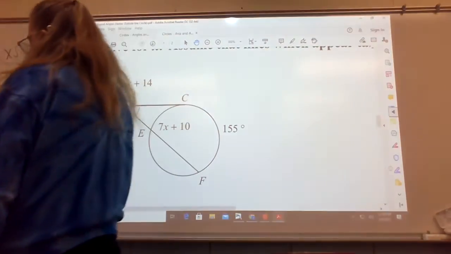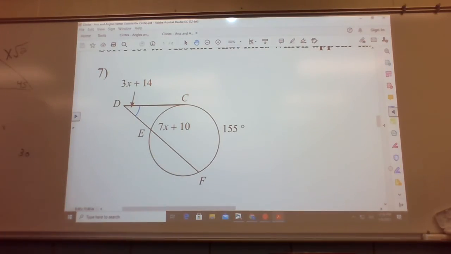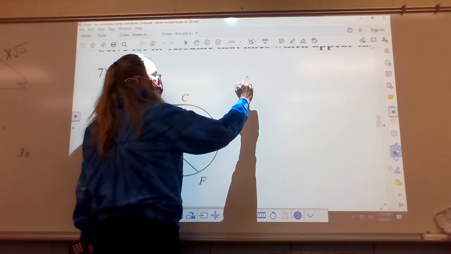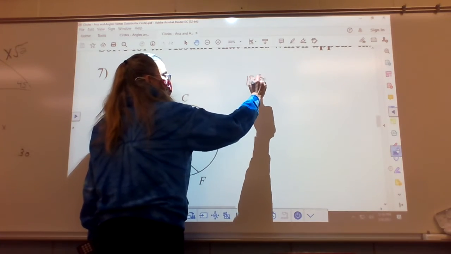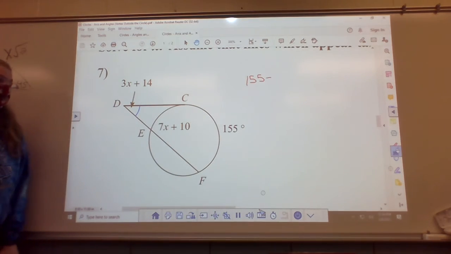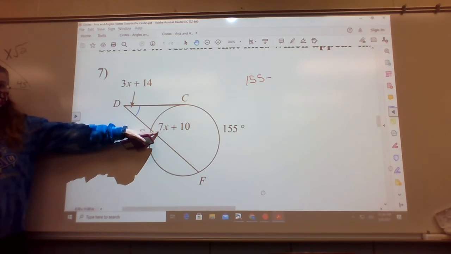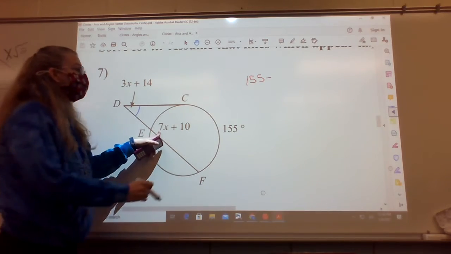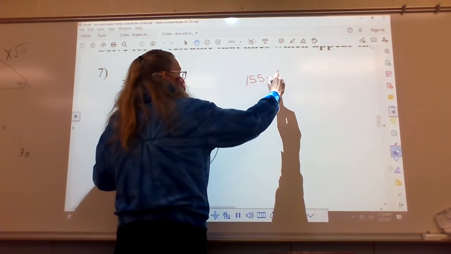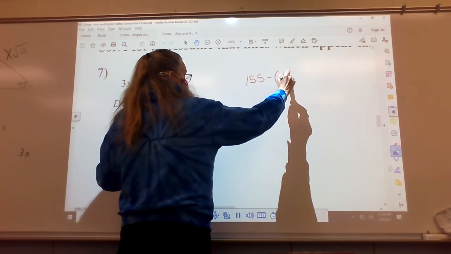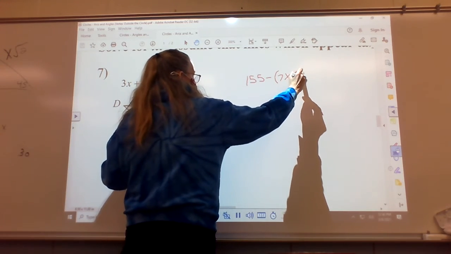Big arc. What's the big arc? 155. Minus little arc. What's the little arc? Right, and this is the tricky thing. The little arc is all of this expression. So I have to show that I'm subtracting all of that expression, so it has to go in a parenthesis.